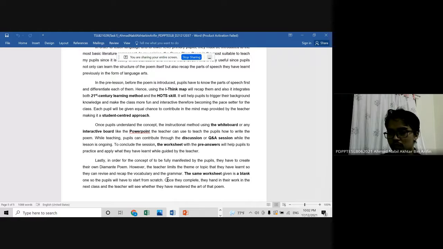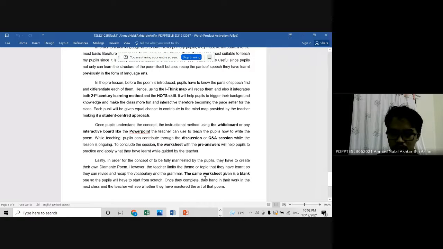So the teacher will ask the students to create their own Diamante poem. It's also the same as when we do a writing exercise, right? We want the students to construct their own Diamante poem as evidence that they have fully mastered the skill in creating the poem, writing their own piece.